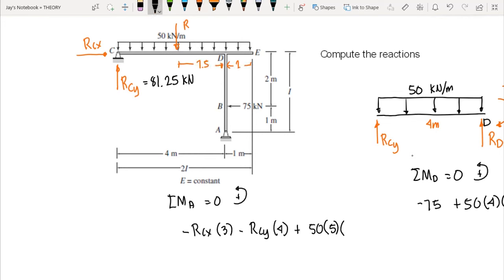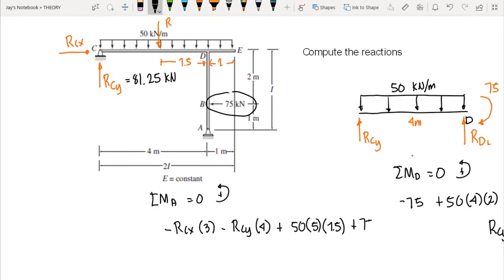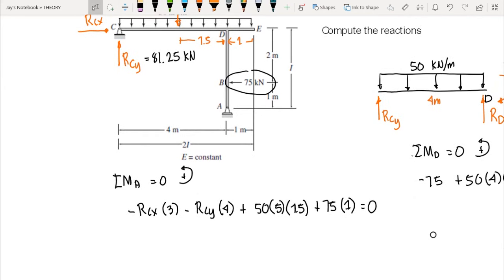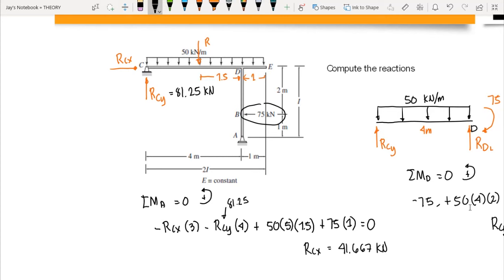So we multiply 1.5, and we also have 75 kilonewton at B, so we have a plus 75 times 1, and this equals 0. Now we have the value of RCY here, which is 81.25. So therefore RCX is equal to 41.667 kilonewton.